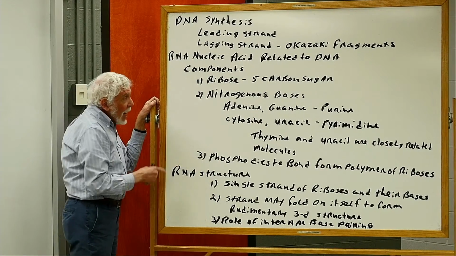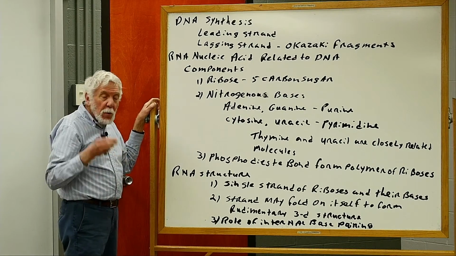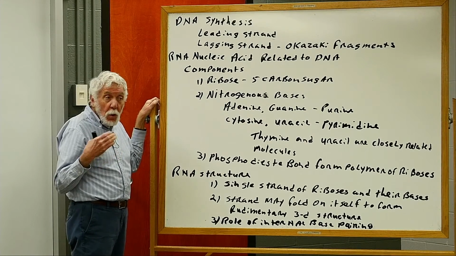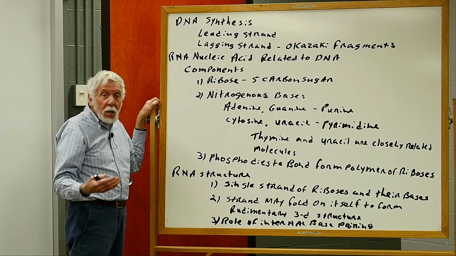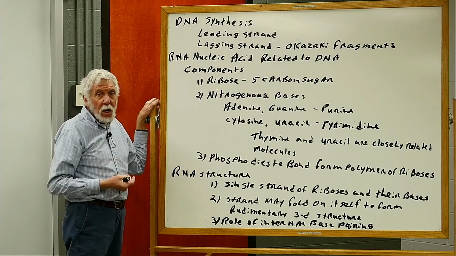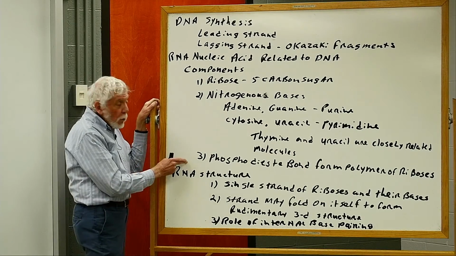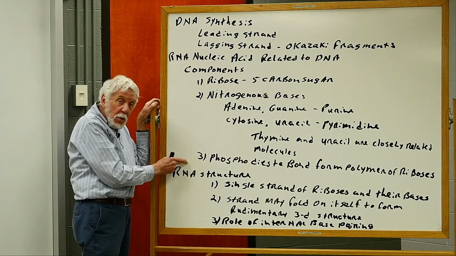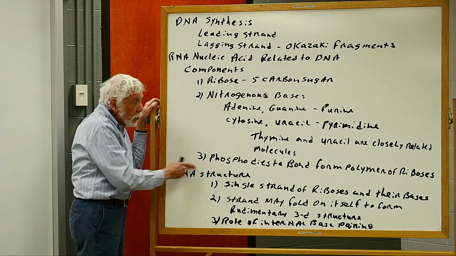Now, the other commonality that we'll see, remember yesterday we spent a lot of time emphasizing how the deoxyriboses were linked one to the next into a great long polymer by phosphodiester bonds. Well, we can do the same thing. It'll take a different enzyme. It's going to take an RNA polymerase rather than a DNA polymerase. But the trick is going to be pretty much the same.